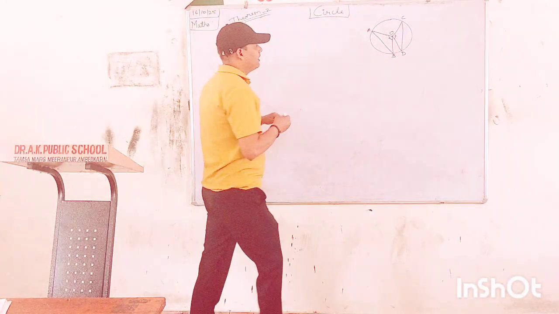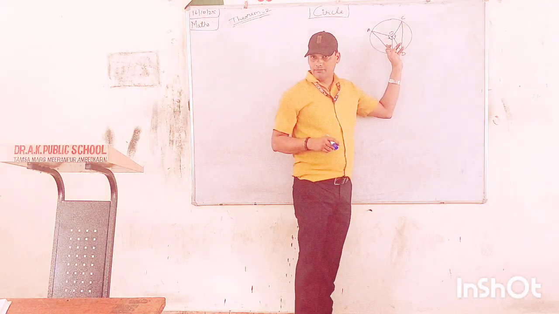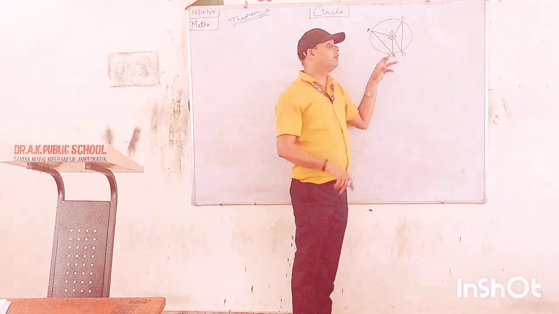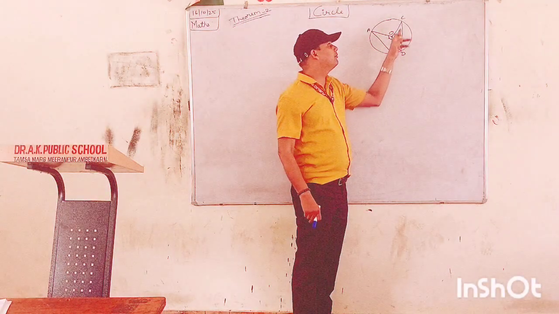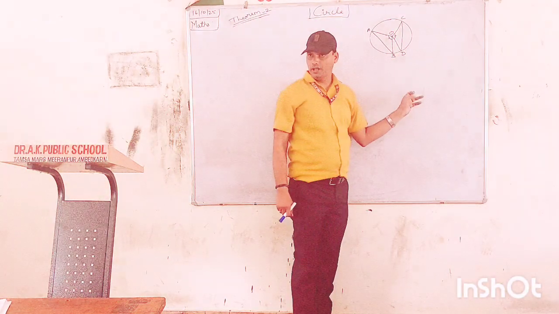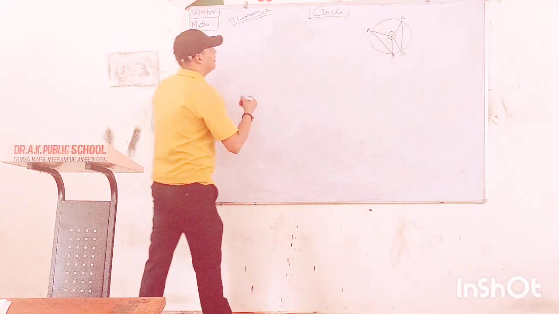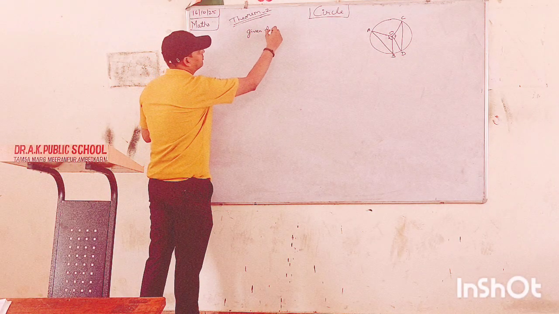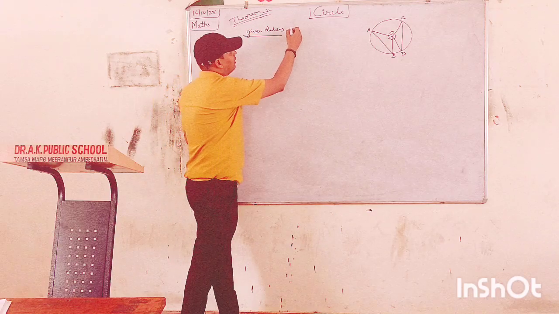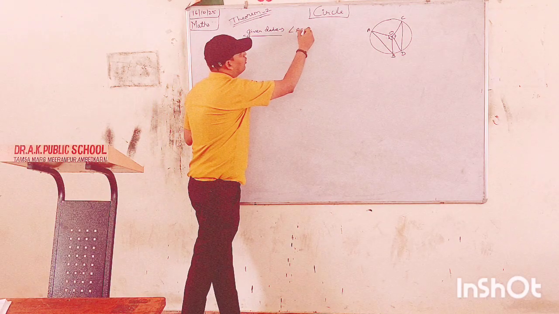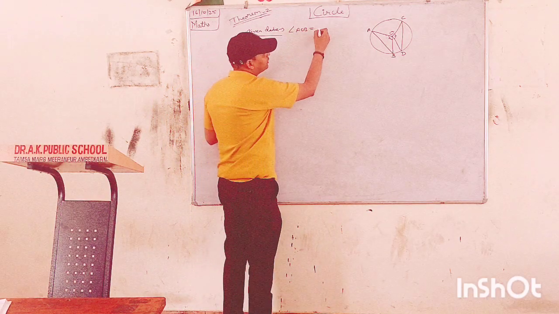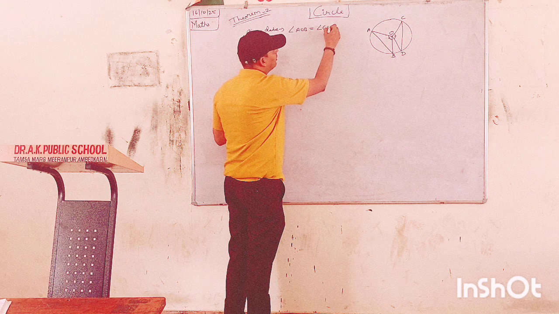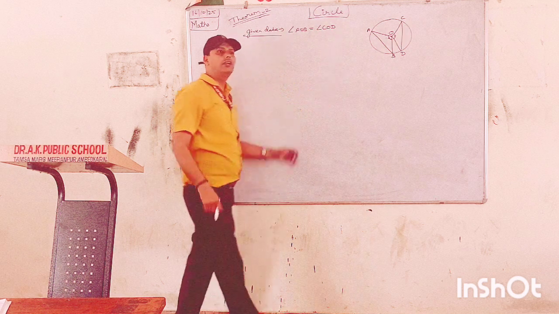Clear? It means in the same diagram, now the given value will be angle AOB equal to angle COD. So your given data is angle AOB is equal to angle COD.